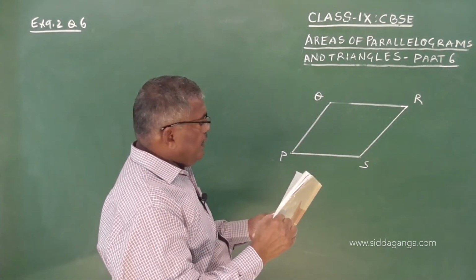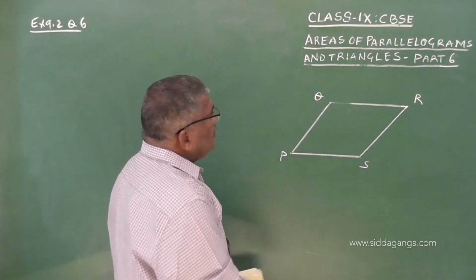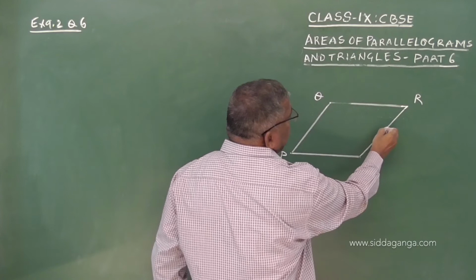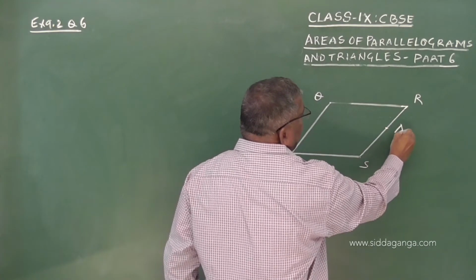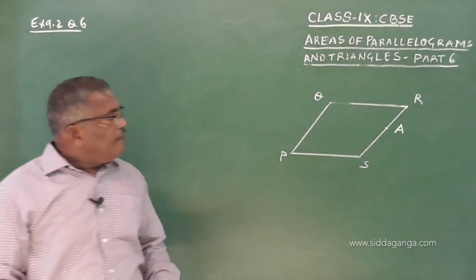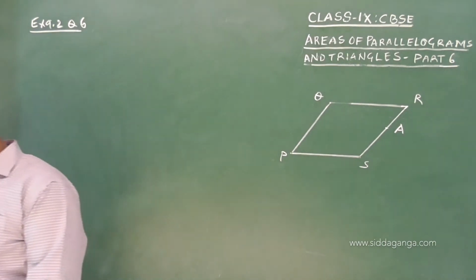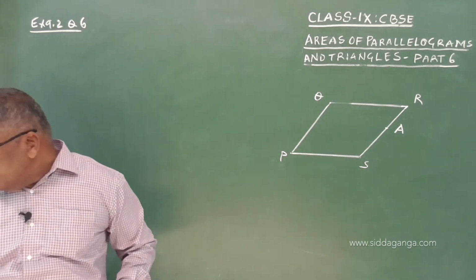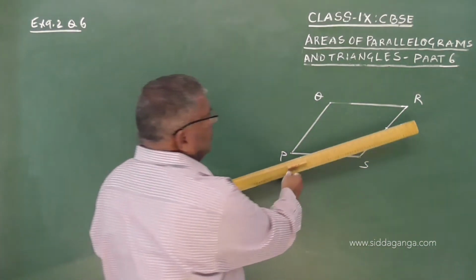She took any point A on RS. So in our case, RS is this. I will take A here. Now, join AQ and join the opposite sides.